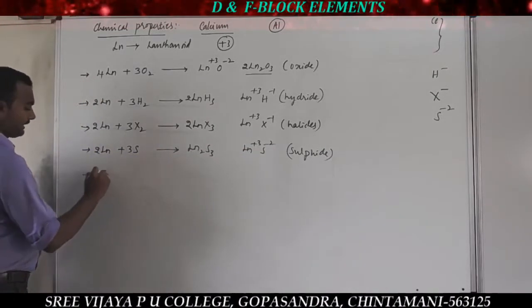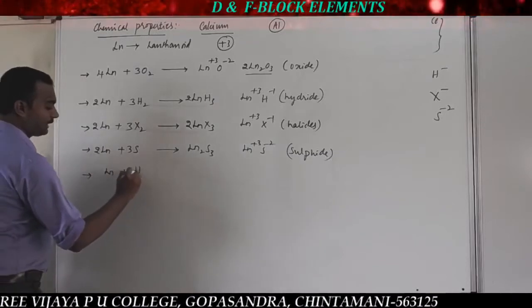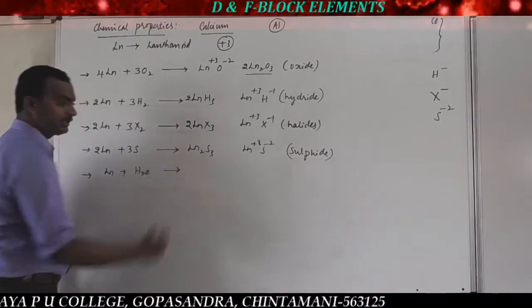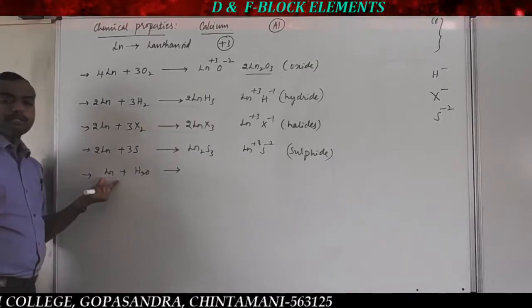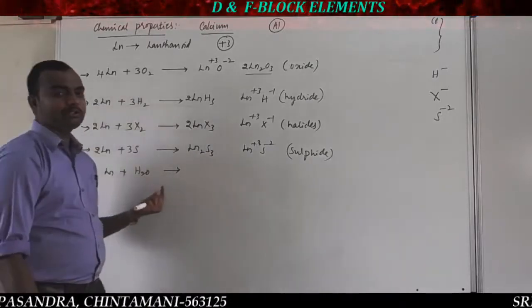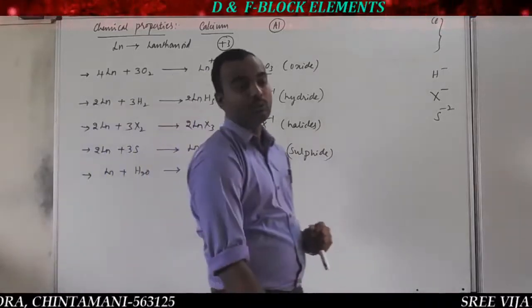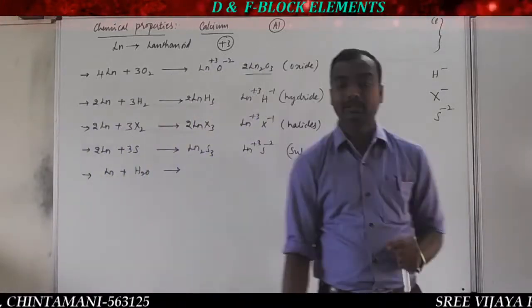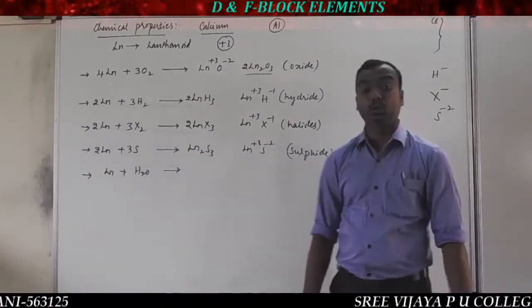One more thing is when any lanthanide reacts with water. Lanthanide is a metal, an f-block lanthanide. All metals are electropositive, so in water we have to check the negative part, which is nothing but hydroxide, OH.